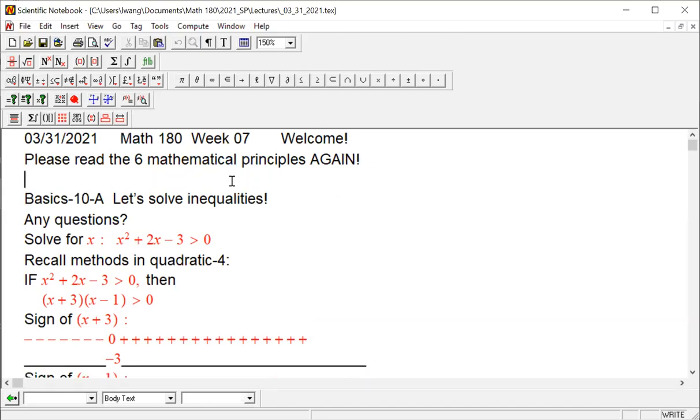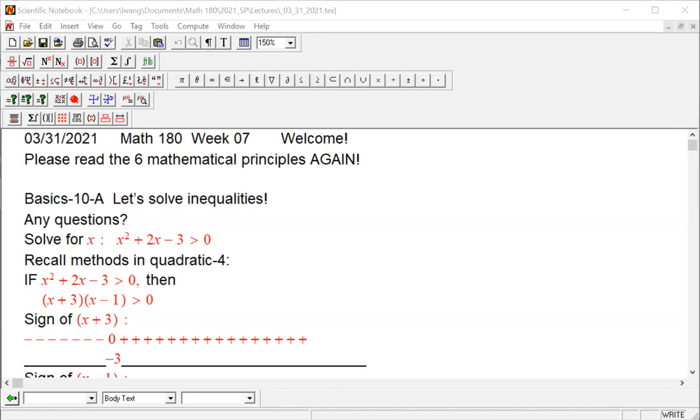Are you looking at them? So what is the first principle? Anything times 1 stays the same. The second principle, anything added 0 stays the same.